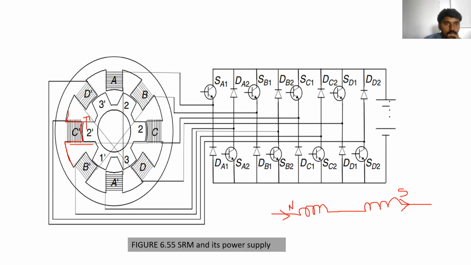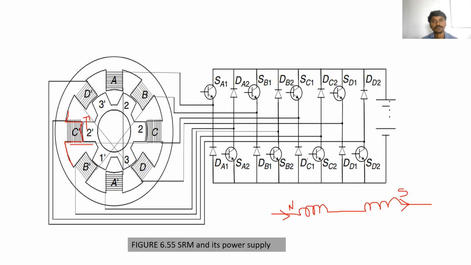For example, at first, if the A coil is energized, then what will happen? In order to supply the current for the A coil, which switches should be closed? Here we have the 8 switches: SA1, SB1, SC1, SD1, SA2, SB2, SC2, SD2.